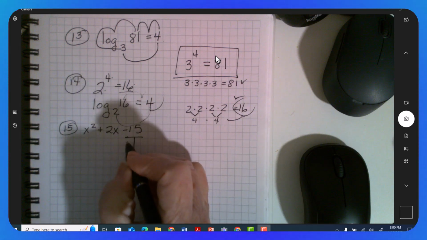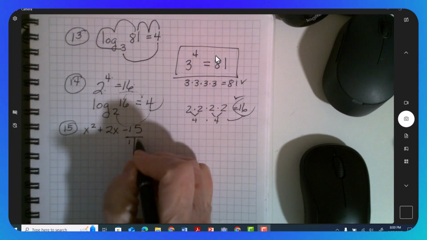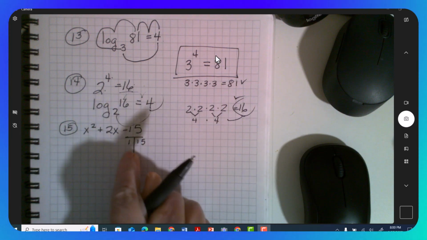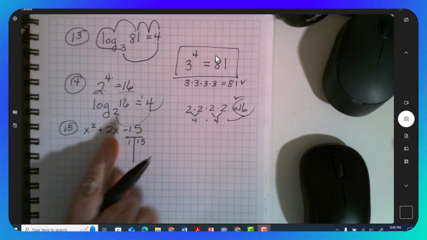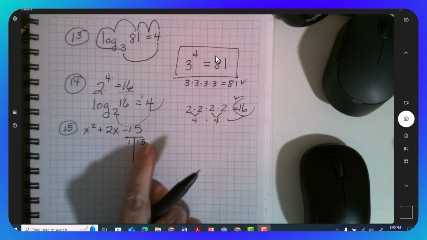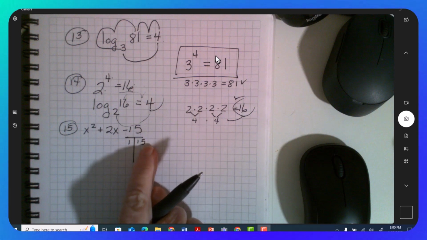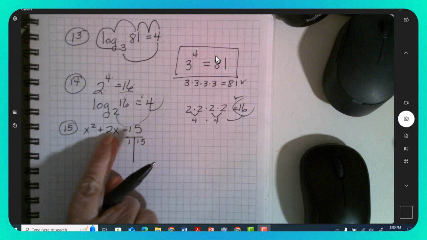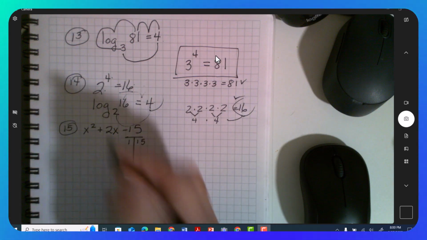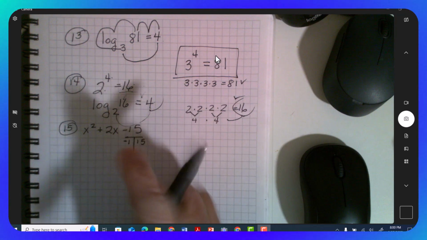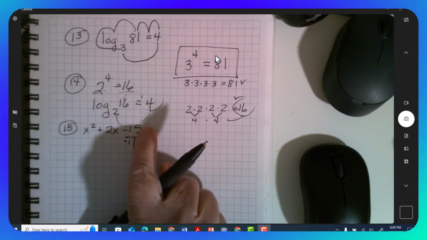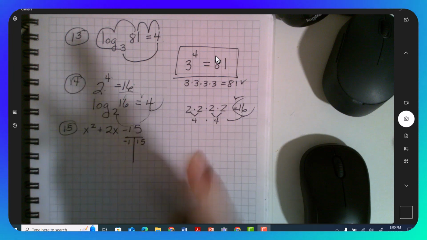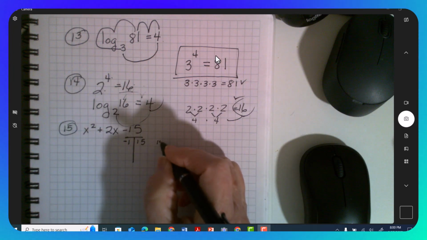All right, so I'm going to start with the factors 1 times 15, and one of those needs to be negative. Looking at that middle term, the larger factor needs to be positive, so when we add, we get a positive middle coefficient. So negative 1 times positive 15 gives me negative 15, but it adds together to give me positive 14.